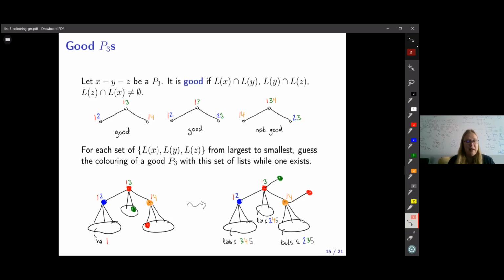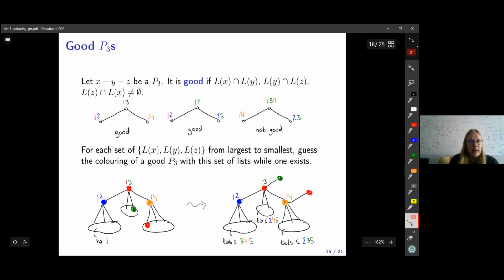So I'm not going to mess up making things frugal by guessing further things. So to get rid of good P3s, we will pick one, guess what it's going to end up being colored, do something to make its neighbors behave better, and then proceed.